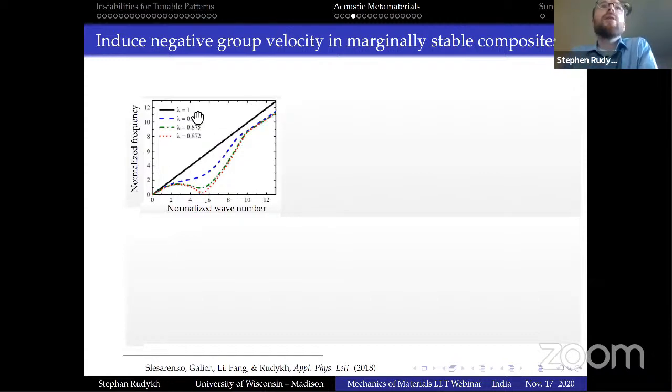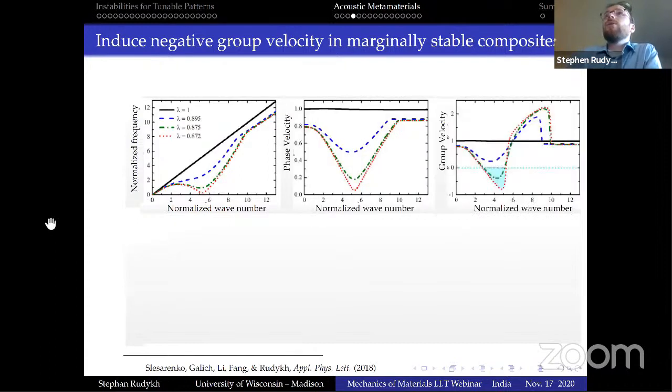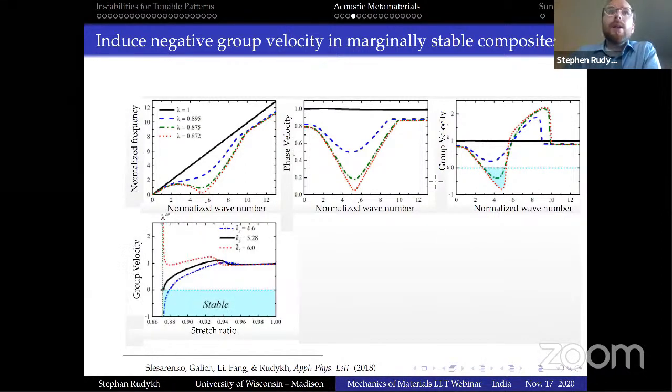But as we apply deformation and compress it more and more, you start to see some interesting behavior in this omega-k dispersion relation. You see that negative slope here, and as a result, if you look at the group velocity, you obtain a region of negative group velocity for certain wave numbers. What is interesting is that the material is still stable.